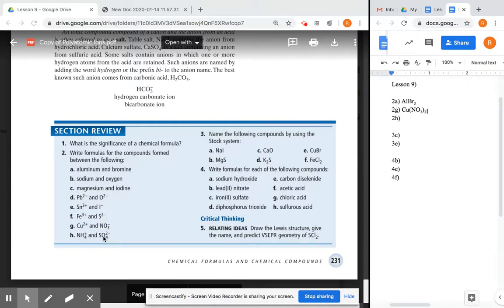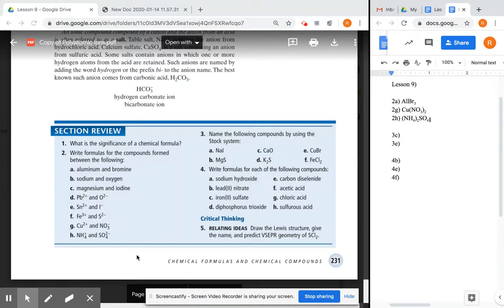So we need 2 of these ammoniums and just one sulfate. We're going to write in parentheses, because there are two of them, NH4, and then a 2 down here, to balance out the 2 minus from the single sulfate, SO4 2-, so (NH4)2 and then SO4.